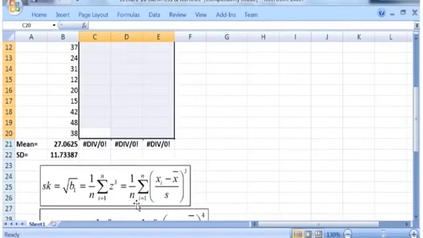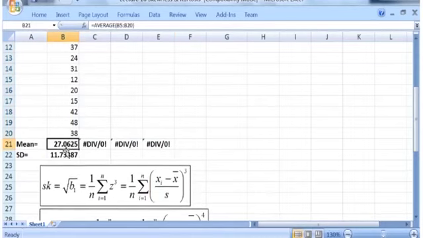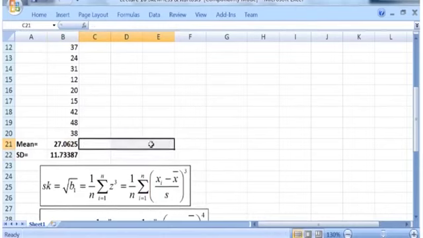Okay, so now look at this formula. I have x bar in hand as well as this s in hand. Here this is x bar, which is 27, and this is the standard deviation, which is s. I am going to delete all these entries and recalculate.